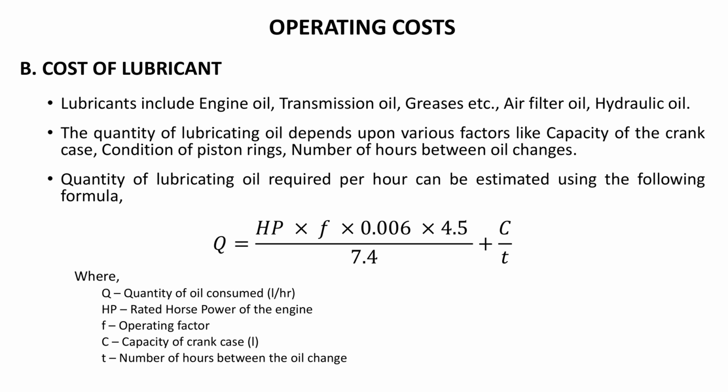Quantity of lubricating oil required per hour can be estimated using the given formula, where Q is the quantity of oil consumed in liters per hour, HP is the engine horsepower, F is the operation factor, C is the capacity of the crankcase in liters, and T is the number of hours between the oil change.